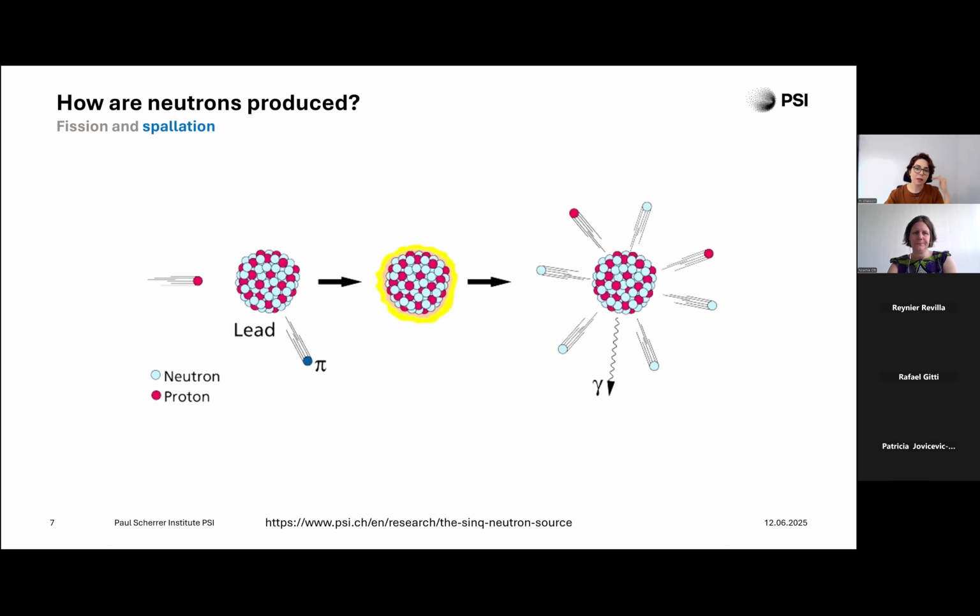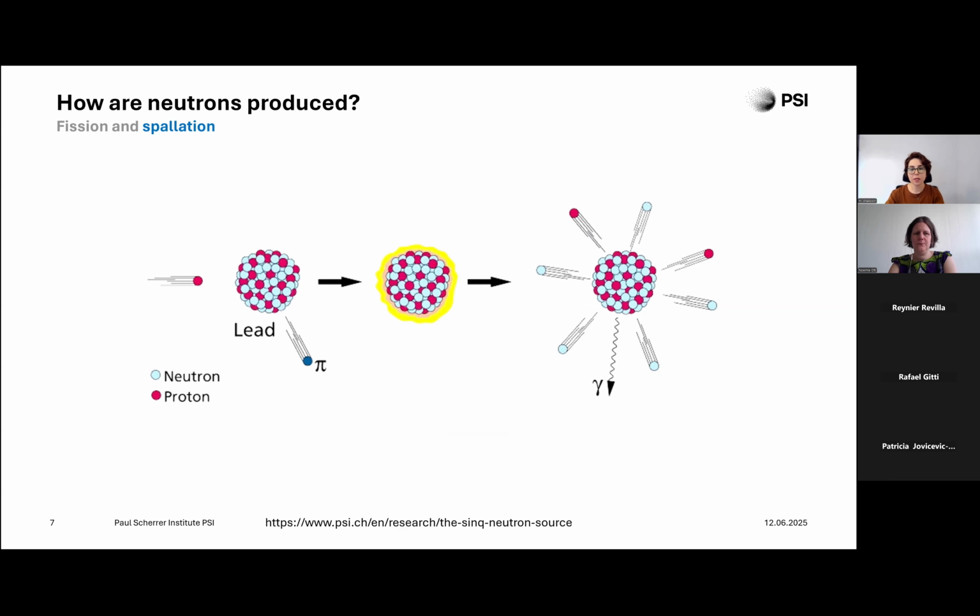But spallation begins when a high-energy projectile, mainly protons, hits a heavy nucleus like lead, knocking nucleons around in an internuclear cascade and producing pions. This cascade leaves the residual nucleus in a highly excited, so-called compound state.